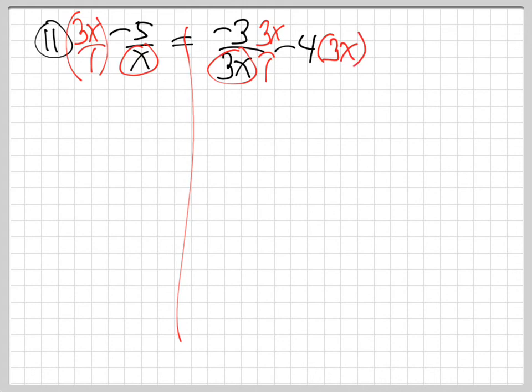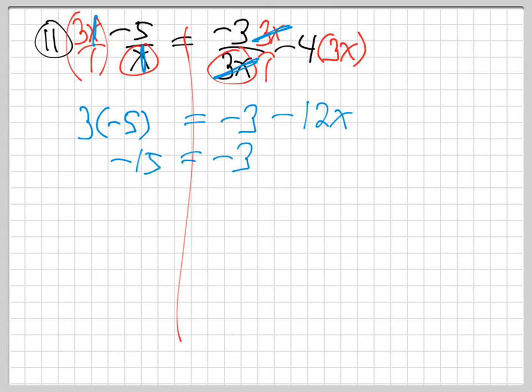Okay, and then cross cancel. Multiply what's left over. X cancels x. So we have 3 times minus 5. Here, 3x cancels 3x, so we just have minus 3 minus 12x. This is minus 15. I could have just done it on that same step. Okay, no more fractions. Much nicer. X is saying I want to be alone.